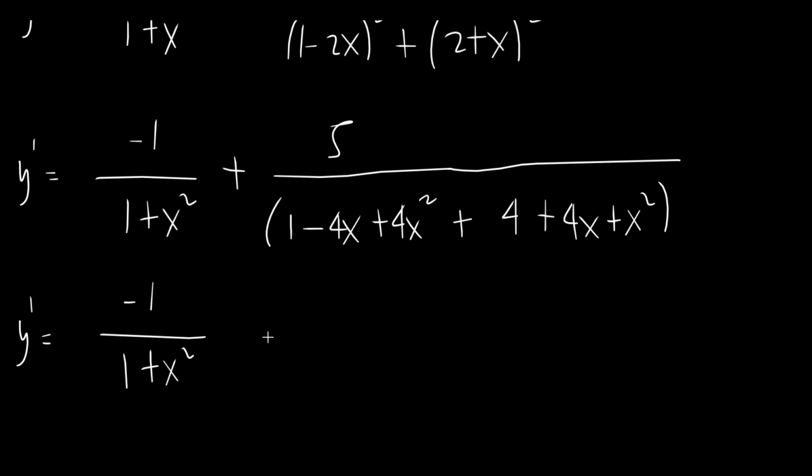Combine similar terms: 5x squared, minus 4x plus 4x will be cancelled, and then 1 plus 4 is equal to 5.